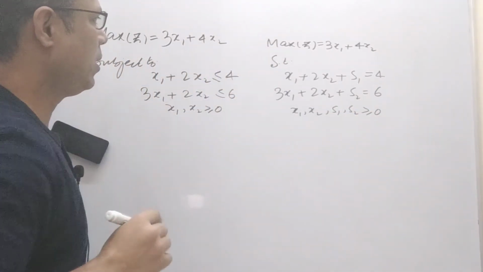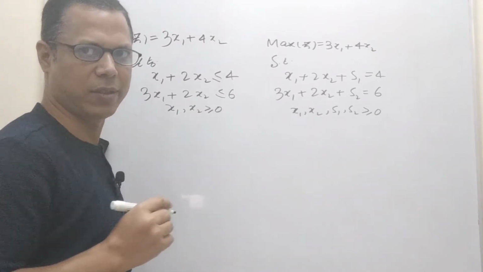Now I have added two variables named s1 and s2, which are called slack variables.